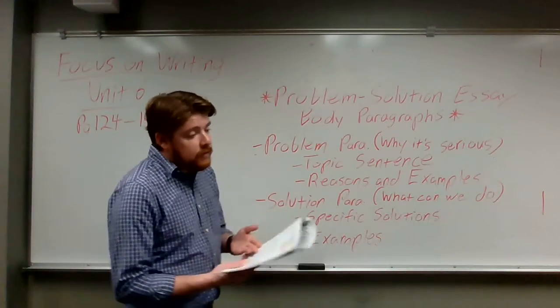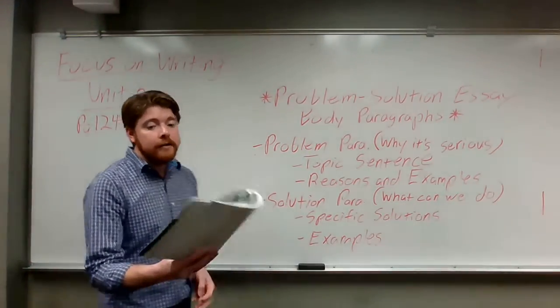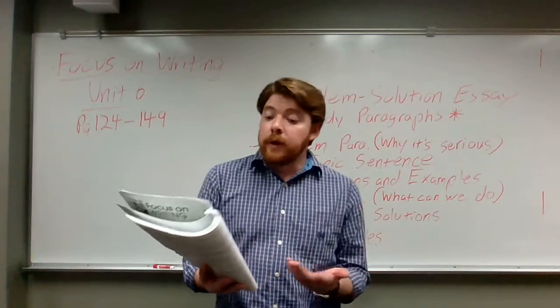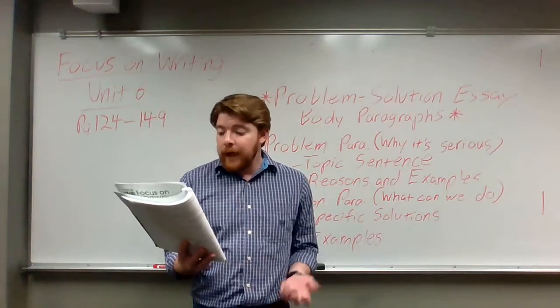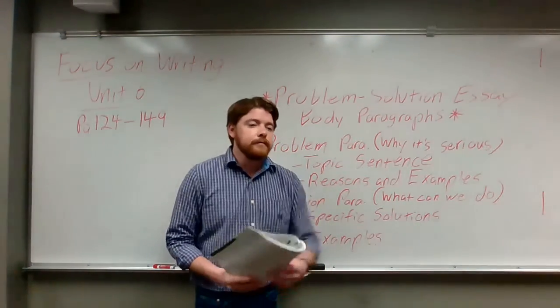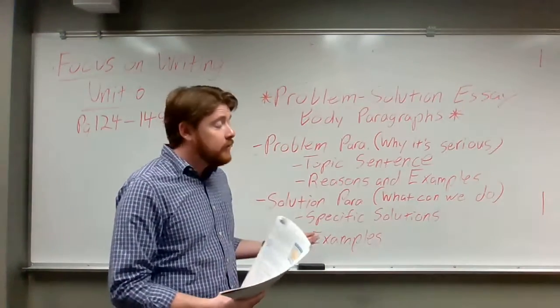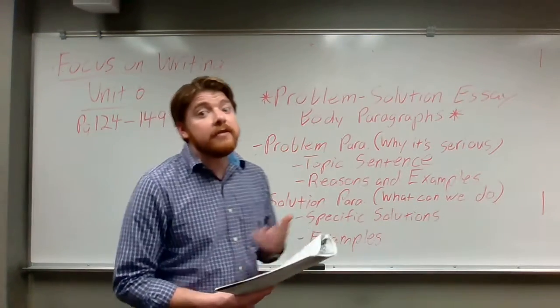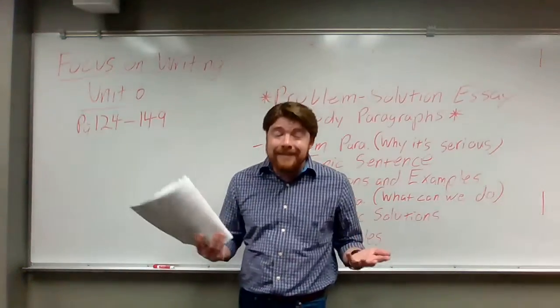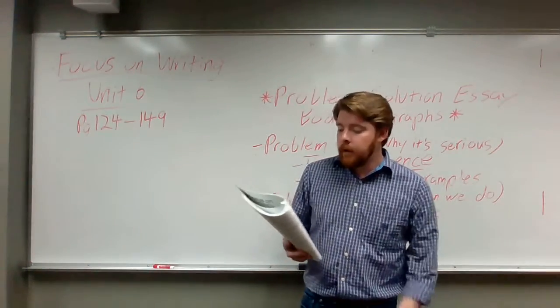Then our topic sentence 2 for our solution paragraph: to increase their activity levels, adults can find both practical and creative solutions. Again, we transition with increase activity levels. That shows us that now we're presenting a solution.